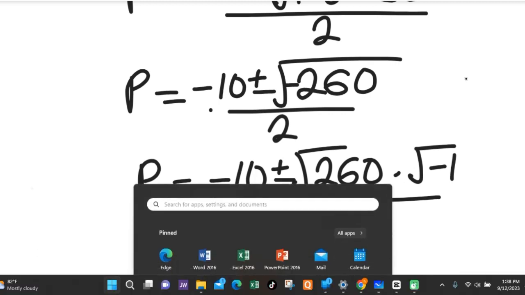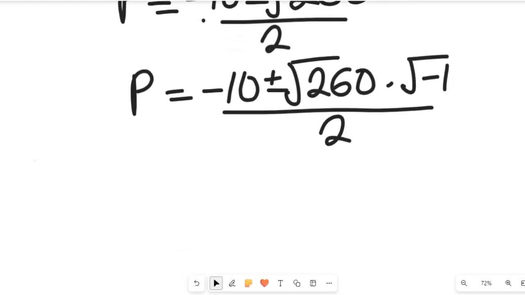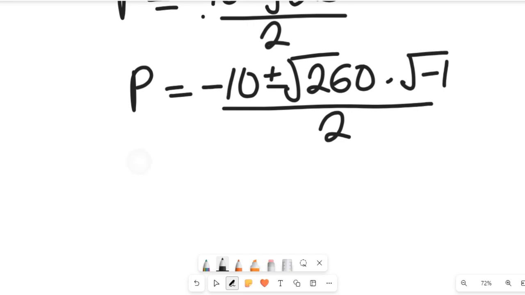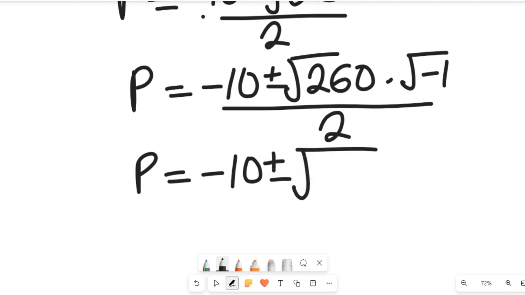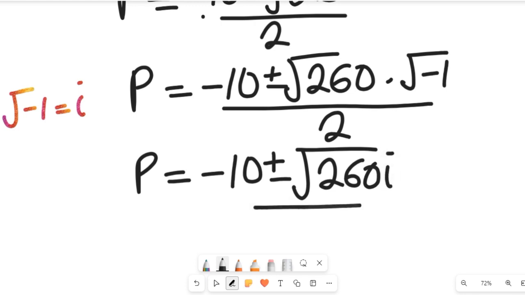Great. So our value for p will now be equal to negative 10 plus or minus the square root of 260 times the square root of negative 1, and remember that the square root of negative 1 is equal to imaginary. So that expression will now give us 260 imaginary divided by 2. And 2 can clear this to give us 5.